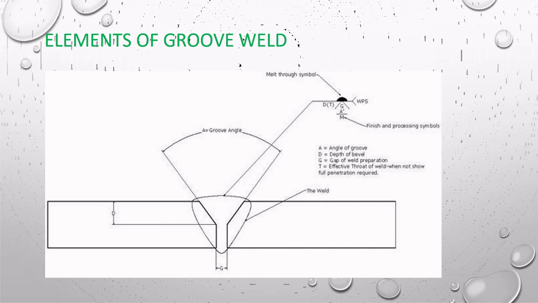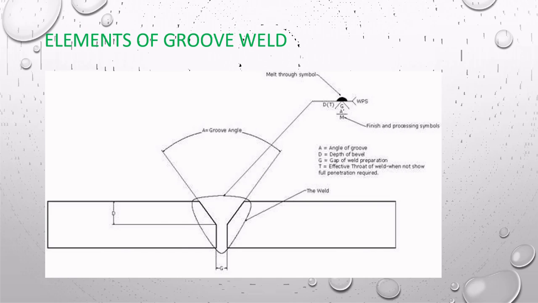Just like the fillet weld, the face of groove weld can be required to be flat, convex, or concave. If the face requires finish processing, it could be chip C, ground G, hammer H, machined M, rolled R, or peened P.